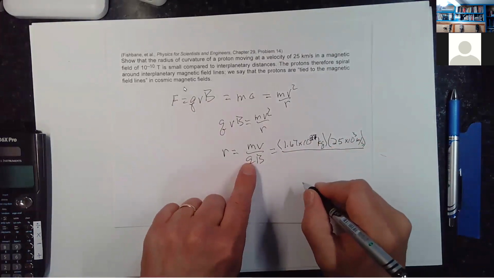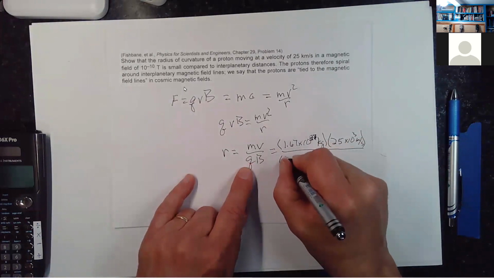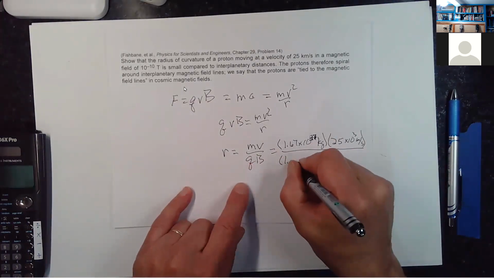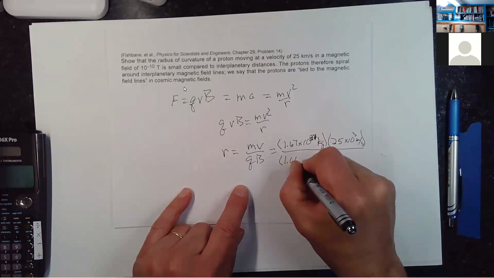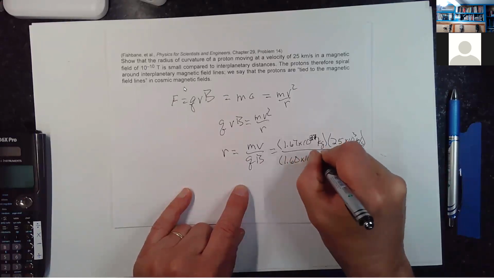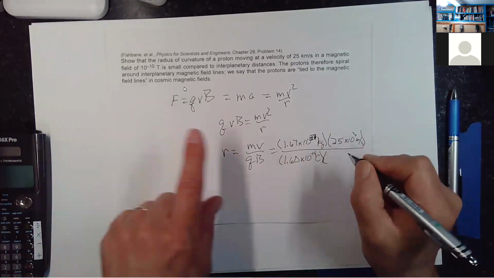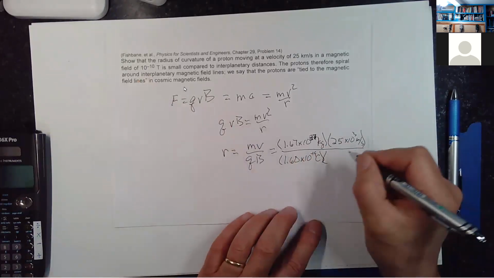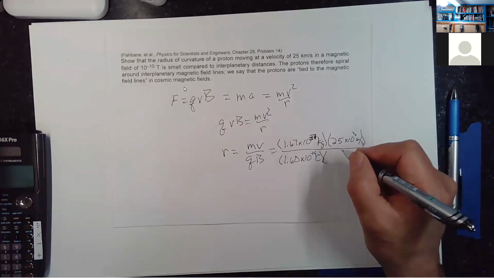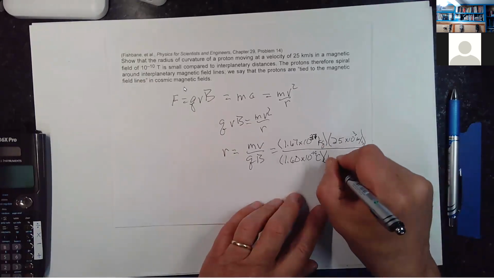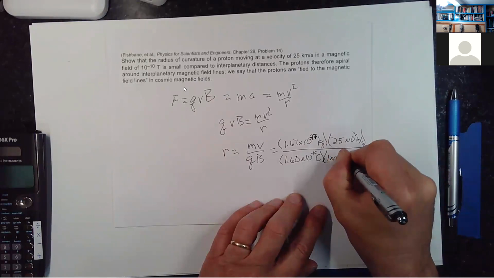And then Q is 1.60 times 10 to the minus 19th coulombs. And the magnetic field, 10 to the minus 10th Tesla. So we're really after an order of magnitude here.